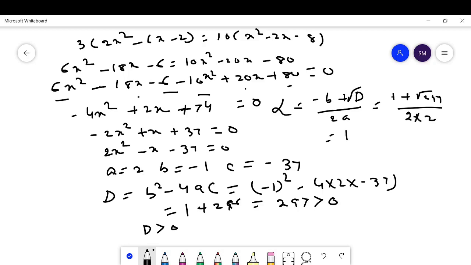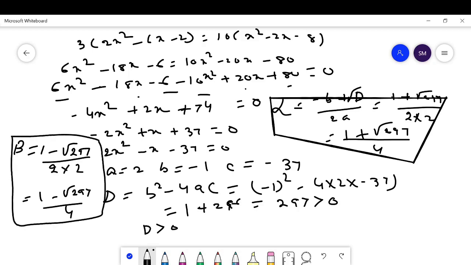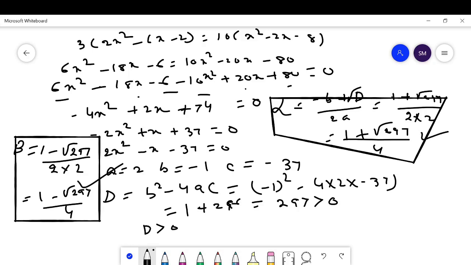Then we get 1 plus square root of 297 upon 4. This is alpha. Then beta is 1 minus square root of 297 upon 2 into 2, which equal to 1 minus square root of 297 upon 4. Then by solving these two equations, we come to the conclusion that alpha is this and beta is this.